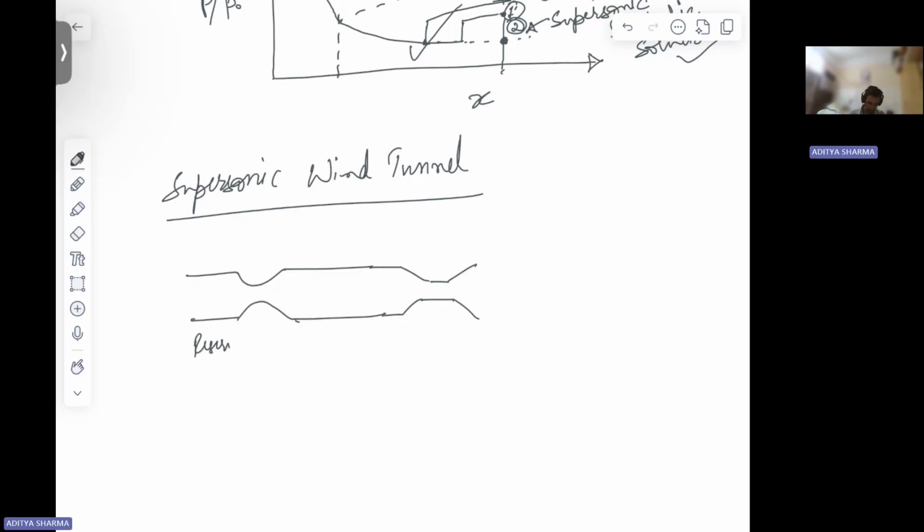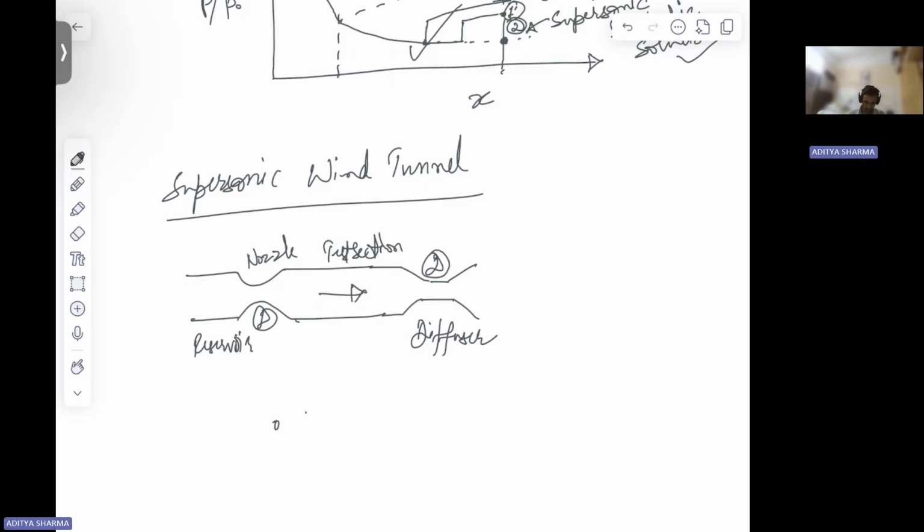This is your reservoir section, nozzle, test section. This is the diffuser. So this is your throat 1. This is your throat 2.